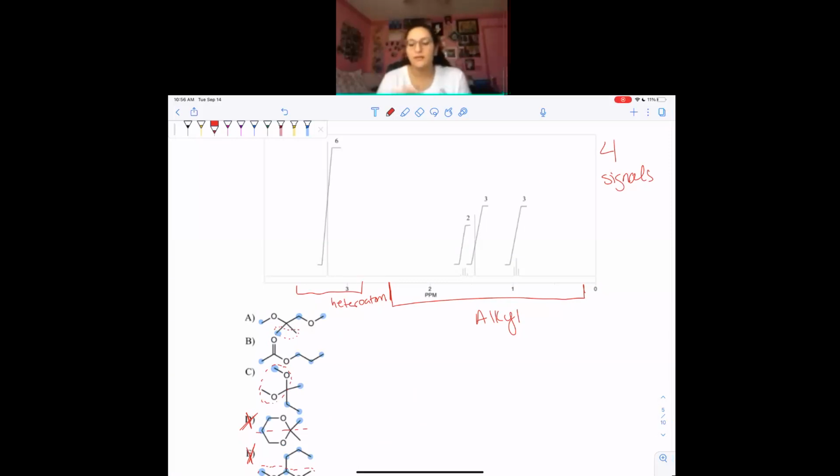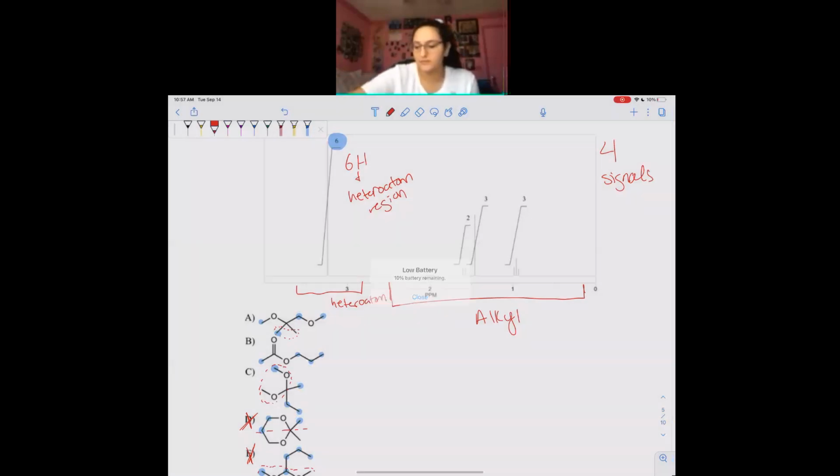And again, the big thing that sticks out to me here is we have a 6H signal, and it's in the heteroatom region. So I'm going to look for a 6H signal that's in the heteroatom region.